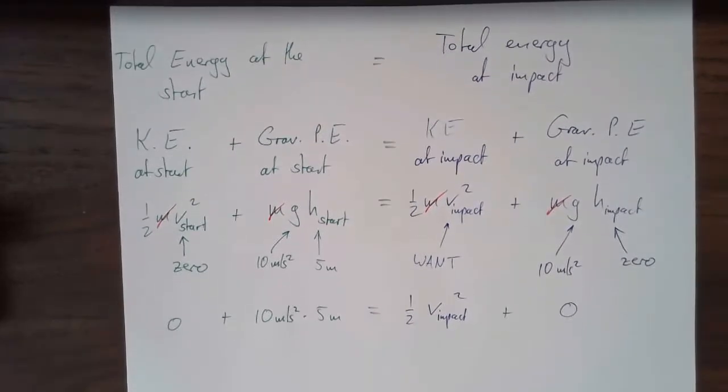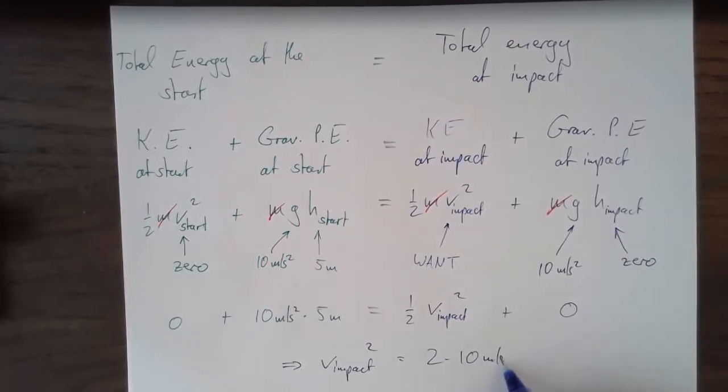Okay, that's easy enough. I find that the impact speed squared is going to be 2 times 10 meters per second squared times 5 meters.